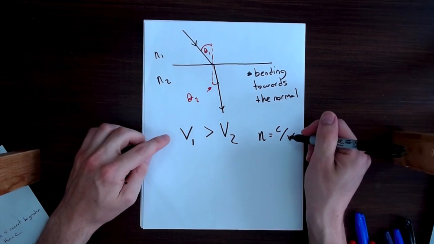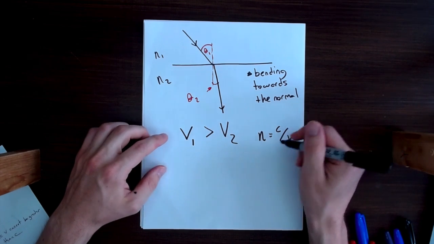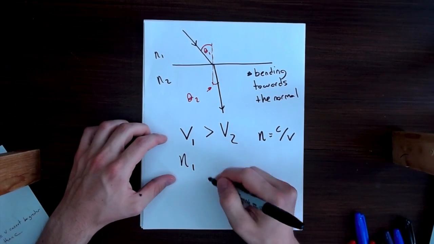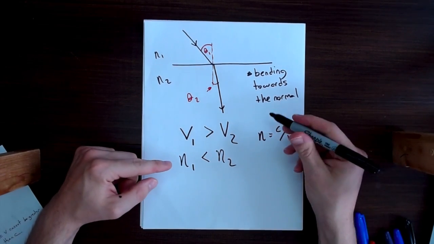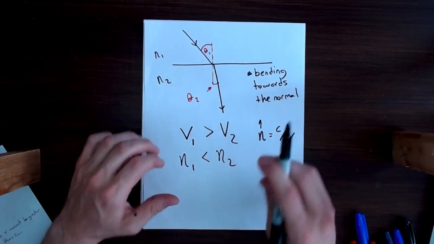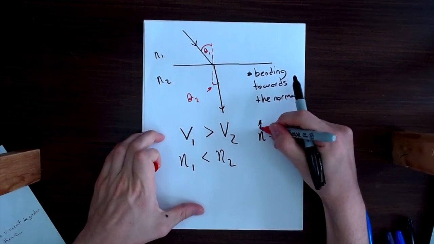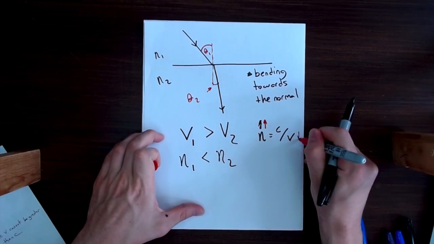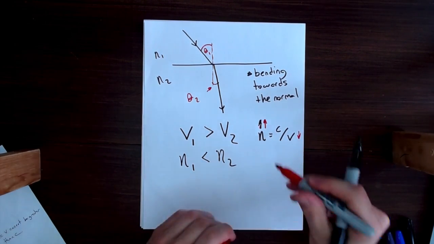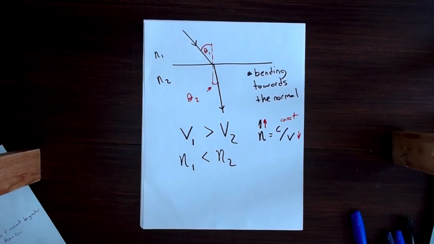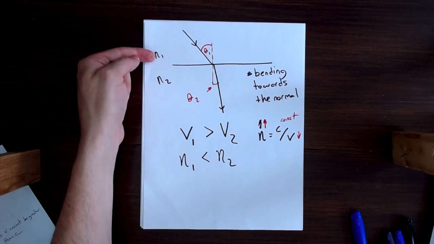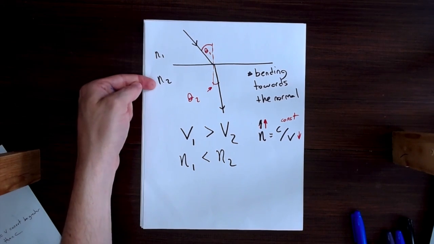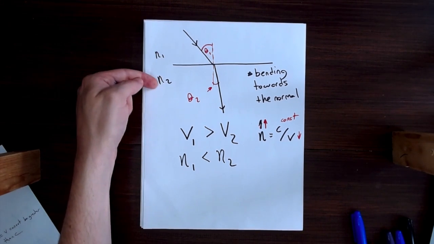Well, if that's the case, a greater n corresponds to a smaller v, because c is constant, and v is in the denominator. Okay, so smaller v, greater n. So I can say that light moves faster in 1 than 2, and the index of refraction of 1 is less than the index of refraction of 2.